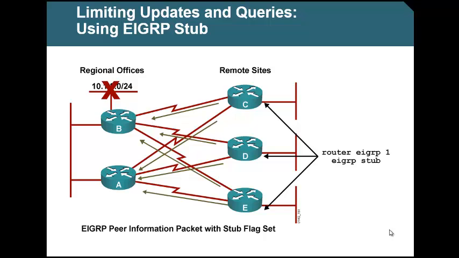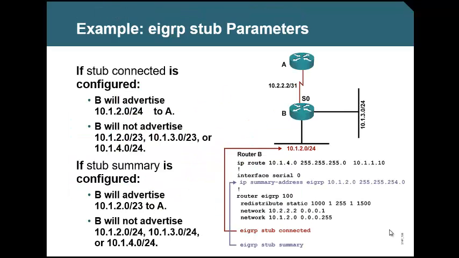Let's have a quick revision of this stub and then we'll go into another topic. If you take this example here, B has got some connected networks: 10.1.3.0/24, 10.1.2.0/24 and 10.2.2.2/31.